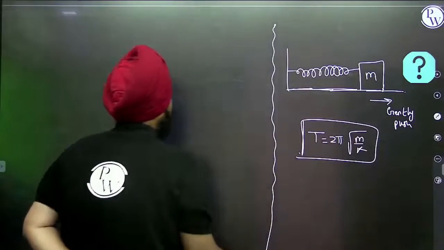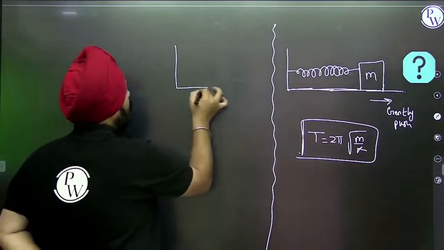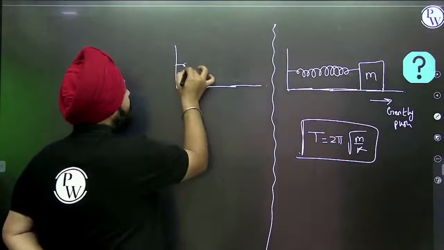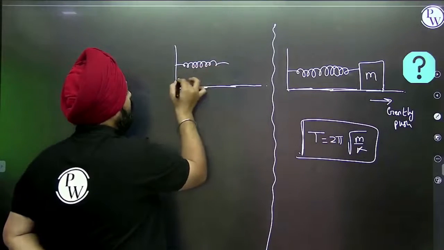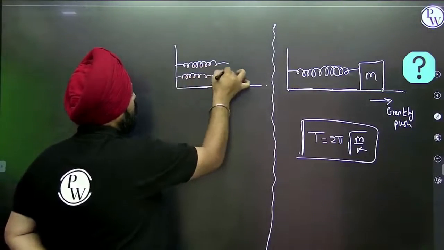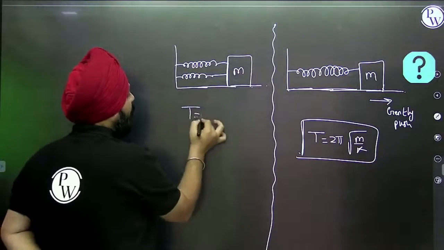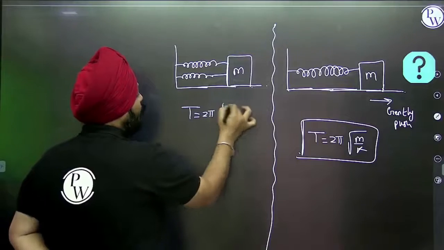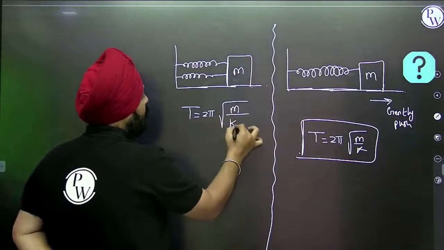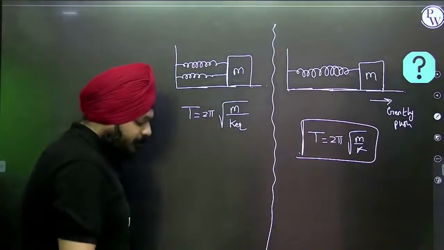Now, suppose two springs are connected in parallel. What will be the formula of the time period of SHM? T is equal to 2 pi under root of M by K equivalent.